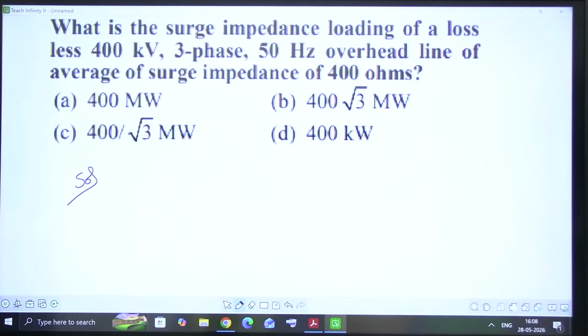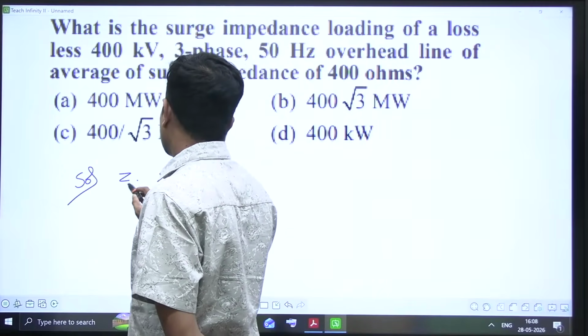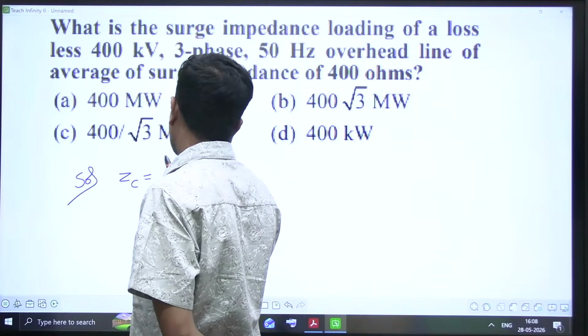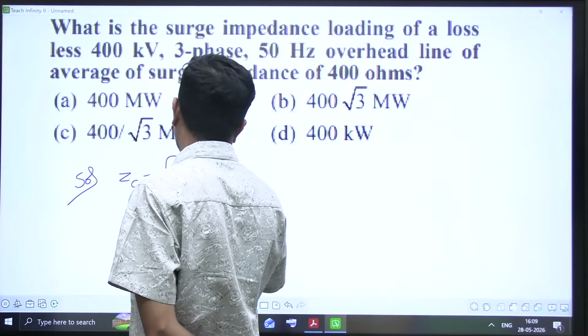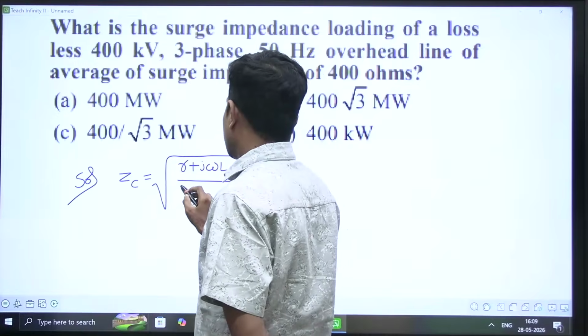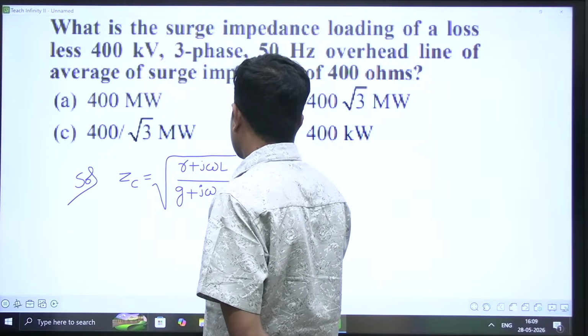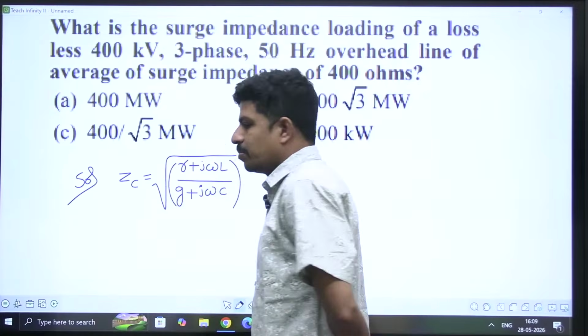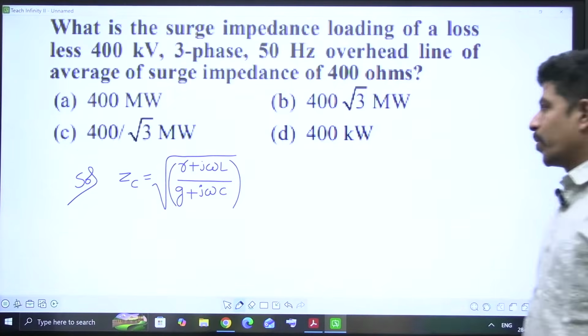For a lossless line, I'm going to give 3-4 formulas for surge impedance. ZC is equal to under root of (R plus j omega L) by (G plus j omega C) ohms, where j omega L is nothing but jXL.